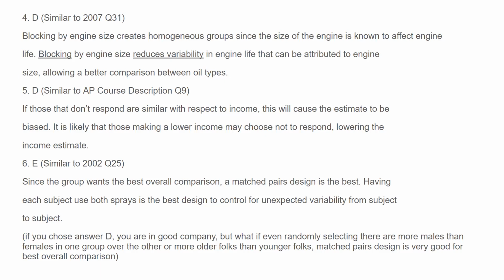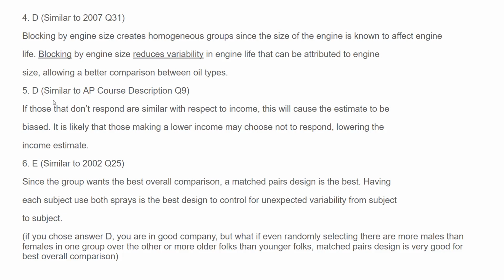So we already knew that breed had an effect on bone density, and that's why we blocked by breed to reduce variability. That's what's happening here. We know that engine size affects the engine life, so we're going to block by engine size to reduce the variability.